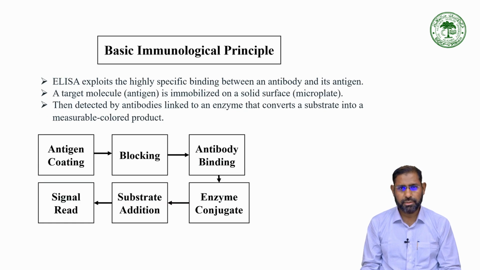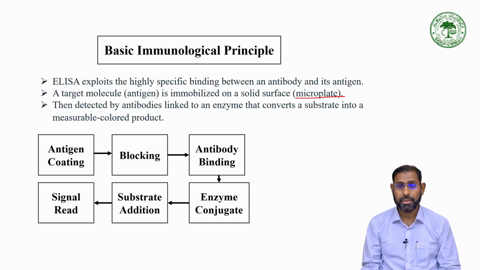What are the basic immunological principles? ELISA exploits the highly specific binding between an antibody and its antigen. A target molecule, the antigen, is immobilized on a solid surface, that is a microplate, then detected by antibodies which are linked with an enzyme that converts a substrate into a measurable color product.